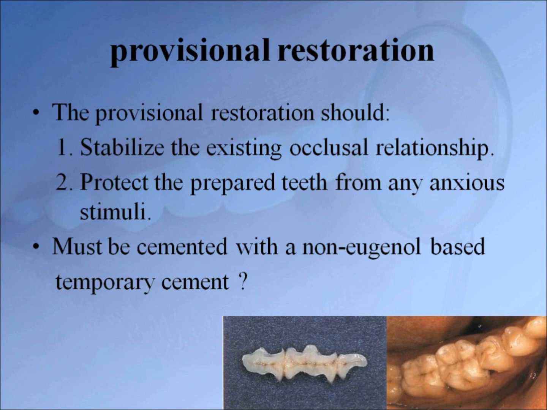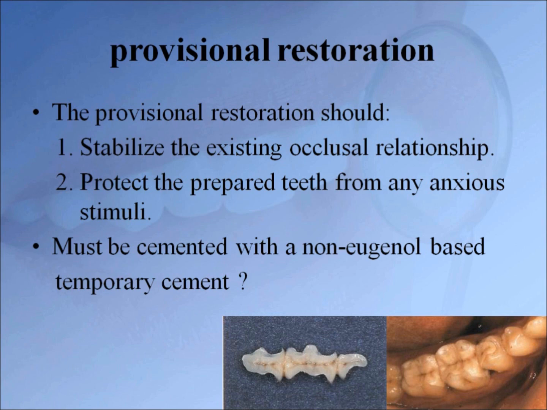Eugenol is believed to interfere with resin polymerization, however, and could potentially reduce the adhesion of the permanent composite cement to the tooth structure. Although some studies reported this does not occur if the tooth is pumiced before cementation of the permanent restoration, use of non-eugenol temporary cement is recommended.